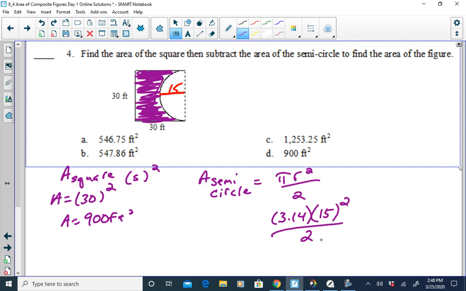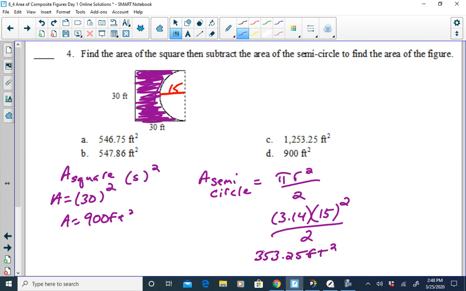Then you multiply that by 3.14, and then divide that by 2, and we wind up with 353.25. Those are square feet for that area. So we need the sum, the total area.